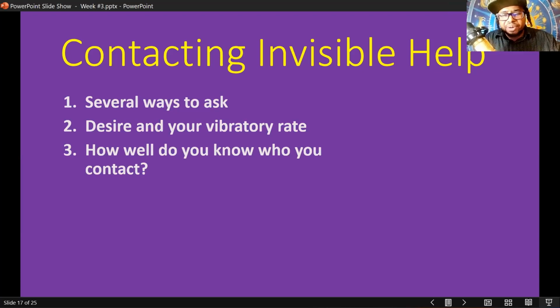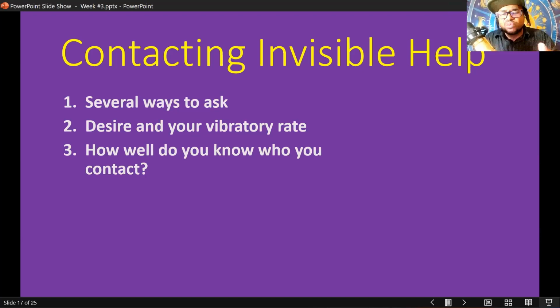But if we want to put it in terms of what these vibratory rates are, then you will have to dial or tune in to something that deals with Pisces. You will have to tune into a vibration that deals with Neptune.